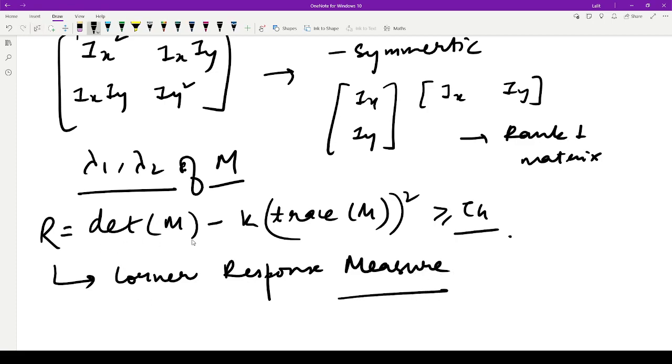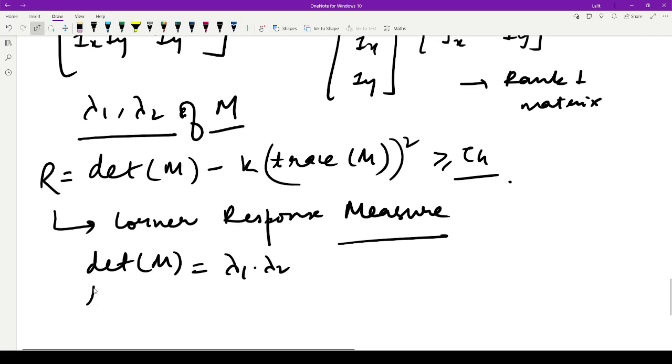So once you have this measure out there, what does this give? Determinant of M, can you write it in terms of lambda 1 and lambda 2? What is it? Lambda 1, lambda 2. Yeah, the multiplication of the eigenvalues. And what about trace?